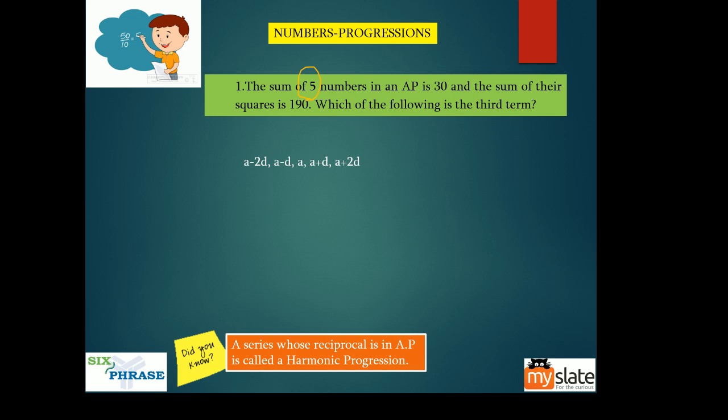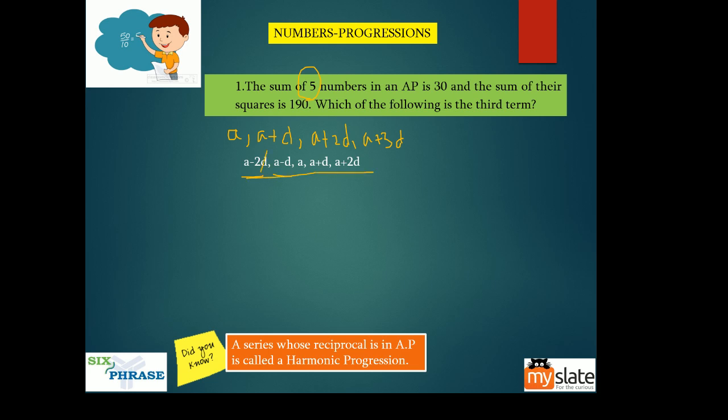The reason why we write it this way is, why not write it like this? Initially we wrote it like this: A, A plus D, A plus 2D, A plus 3D. But look at this. I'm writing it like this so that when you do the sum, they've told you the sum of all this is 30, right?